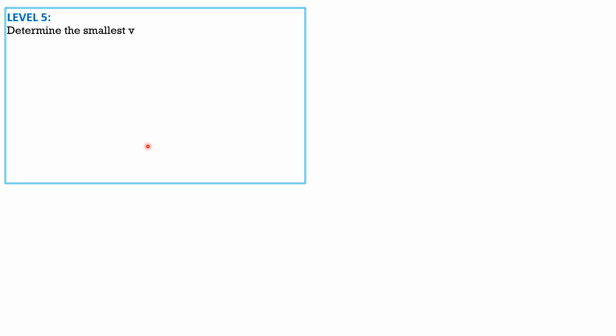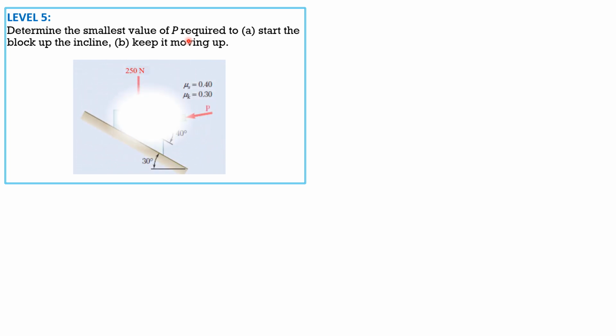Level 5: determine the smallest value of P required to, A, start the block up the incline, B, keep it moving up. So take note, the condition is the smallest value of P required to start the block up the incline. When the block starts to move up the incline, it means that we have impending motion.